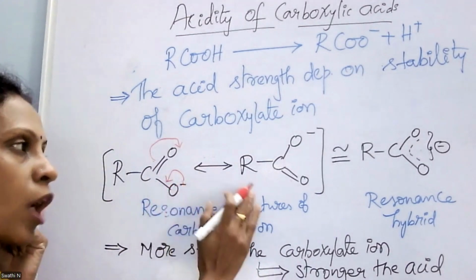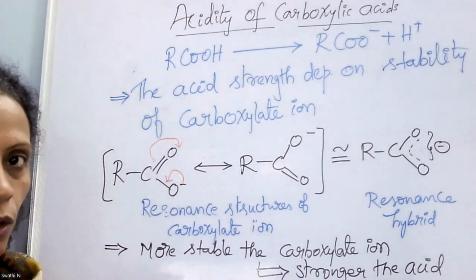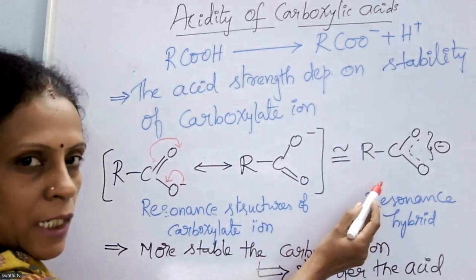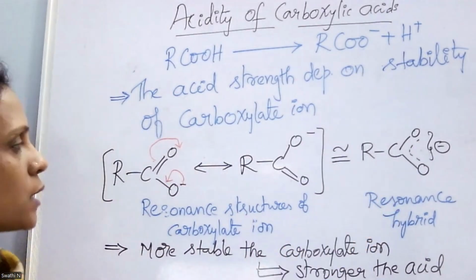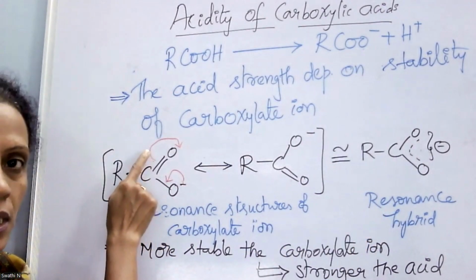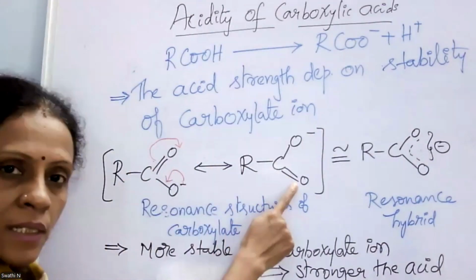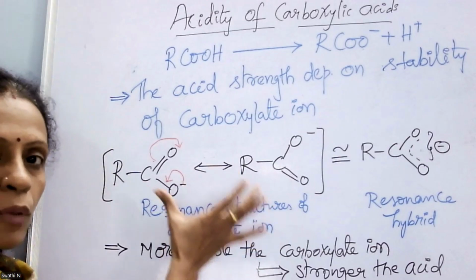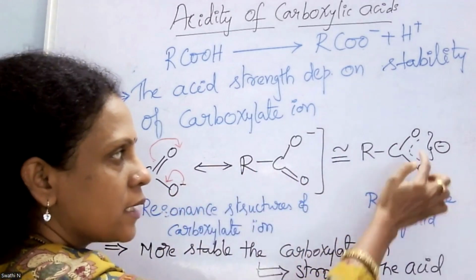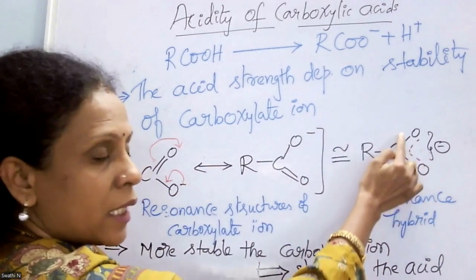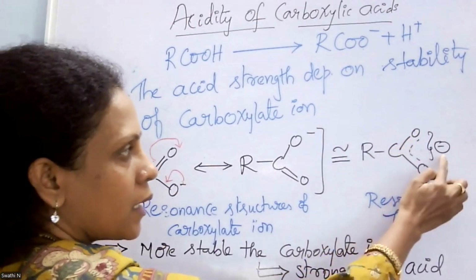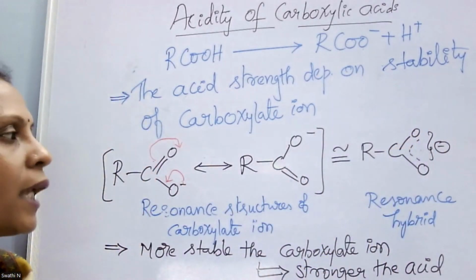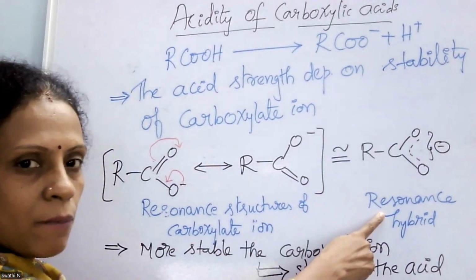If you put these two carboxylate ion structures together, we get the corresponding resonance hybrid. In one structure one oxygen has the double bond, while in the other structure the other oxygen has the double bond. Putting them together, we represent a partial double bond over both carbon-oxygen bonds, with a minus symbol on the oxygens. This is the resulting resonance hybrid structure.